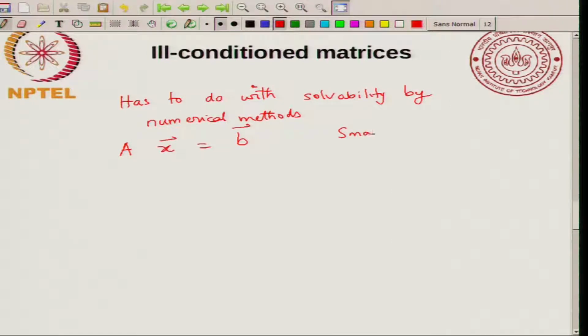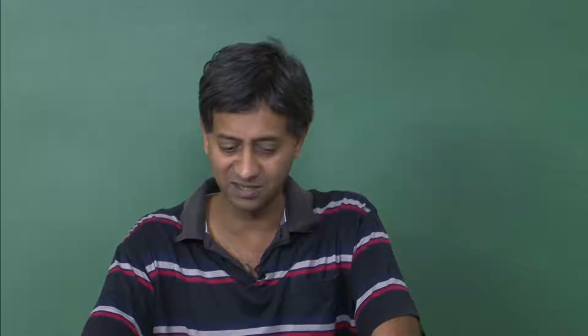So, a small change in A leads to a large change in x, where x is the solution. You are solving for x, and a small change in A or b leads to a large change in x, and so this is called an ill conditioned system, or A is said to be an ill conditioned matrix.